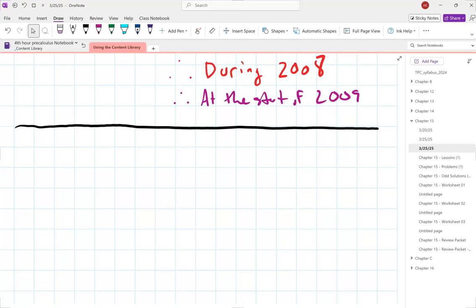Or natural resource extraction. In the beginning, it's easy to get the natural resources out of the ground. The more you take, though, the harder you have to work to get it out. Or human performance. If you're in the weight room lifting weights, you get stronger really fast initially, but once you've gotten strong, it takes a lot of work to continue to get stronger, right?